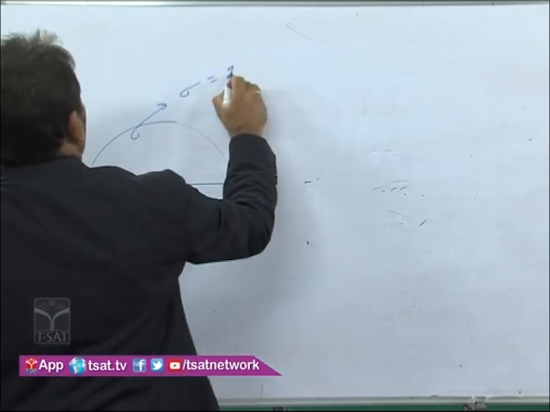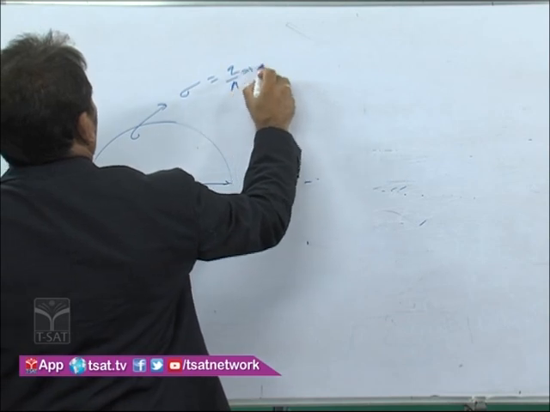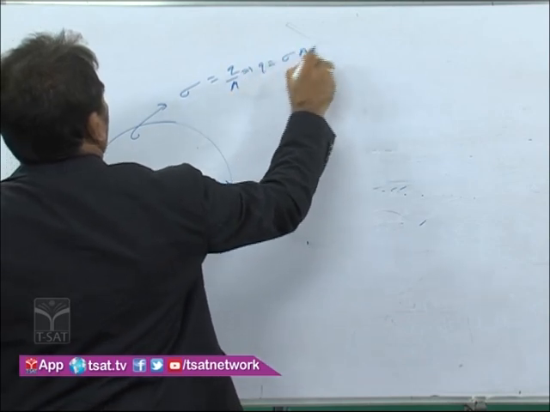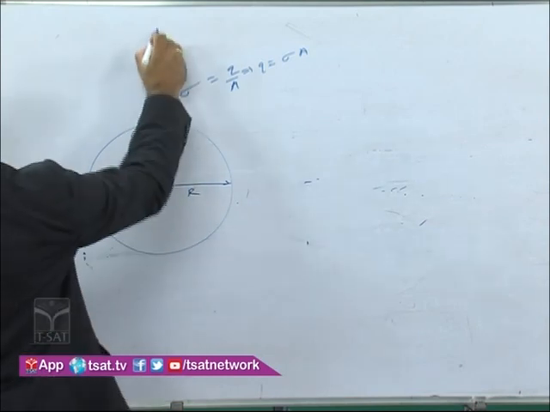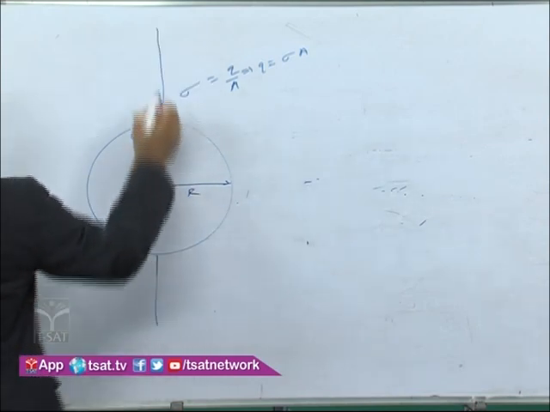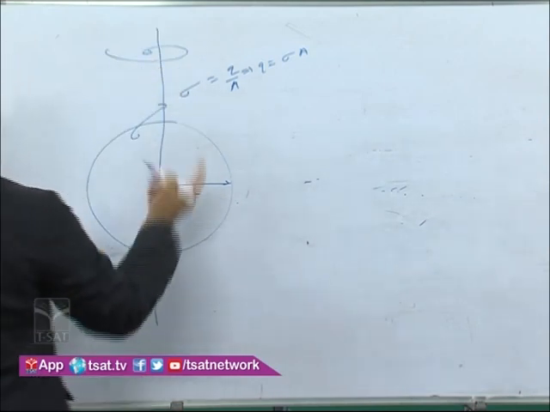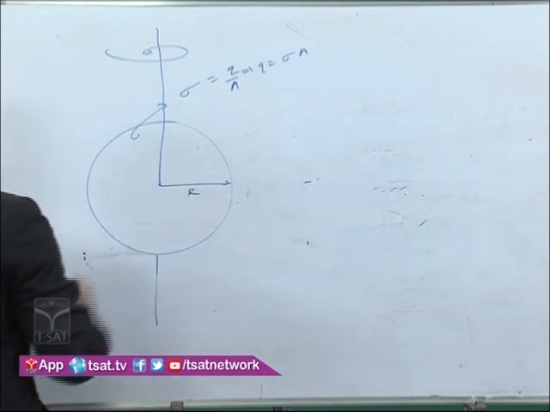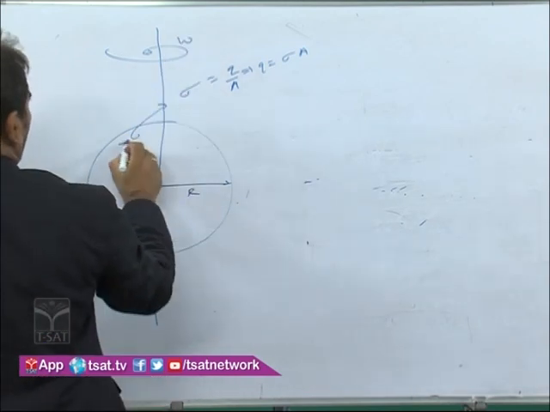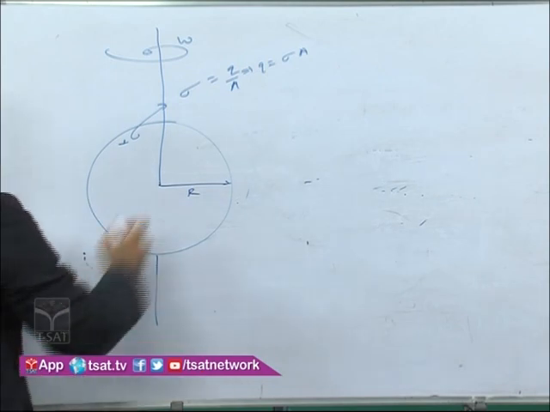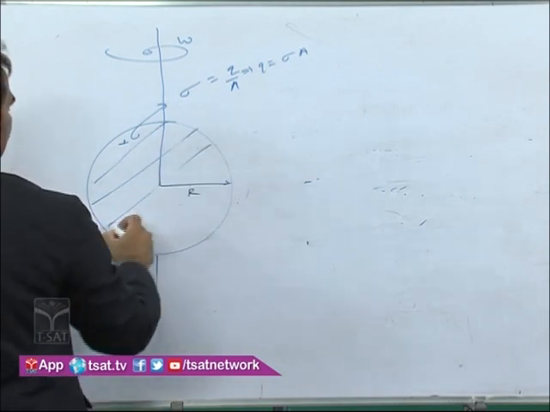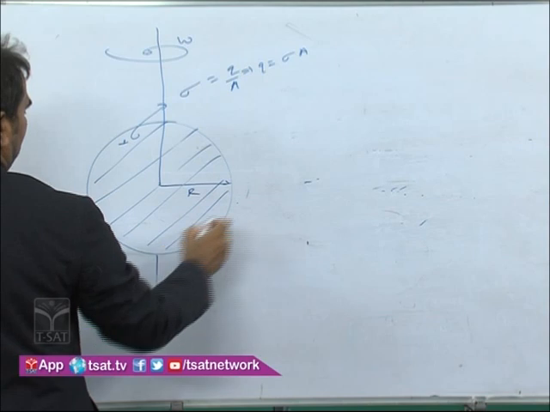Sigma is equal to q upon A, so q is equal to sigma into A. The disc is revolving about a fixed axis with an angular velocity omega. We have to calculate the magnetic moment of the circular disc.